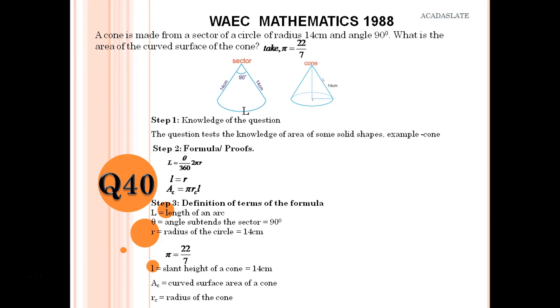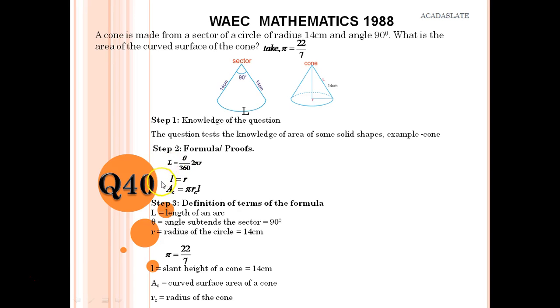Now let's substitute it into this formula. The length of an arc is equal to theta over 360 times 2 pi r, where theta is the angle which the arc sustains at the center of the circle, and here the value for theta is 90 degrees.